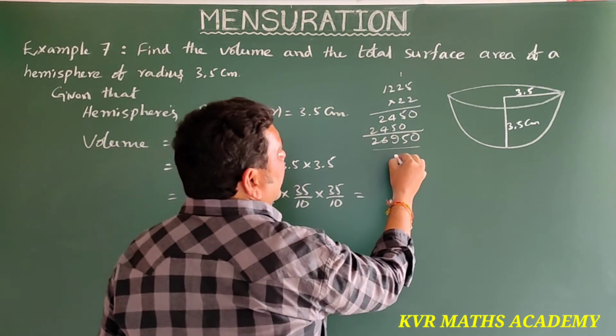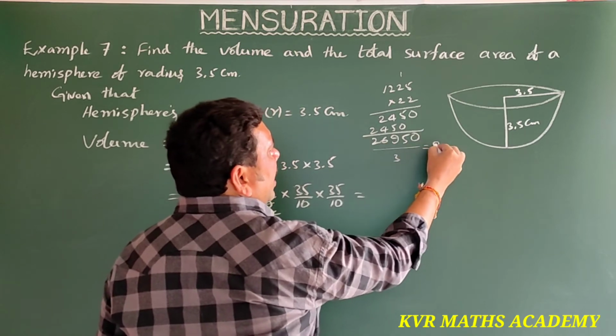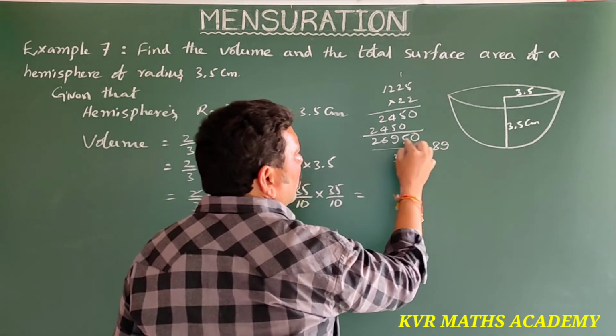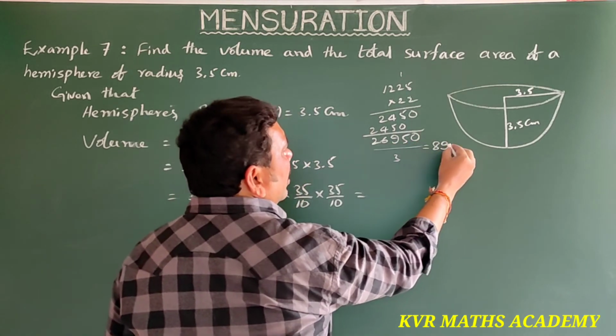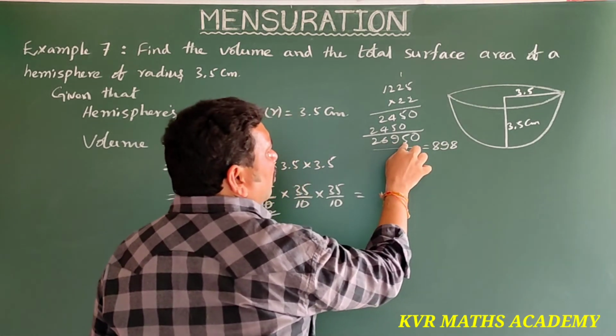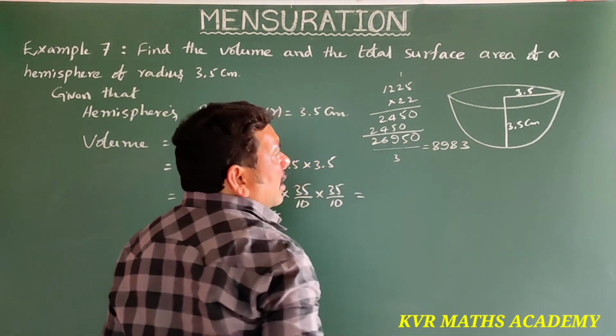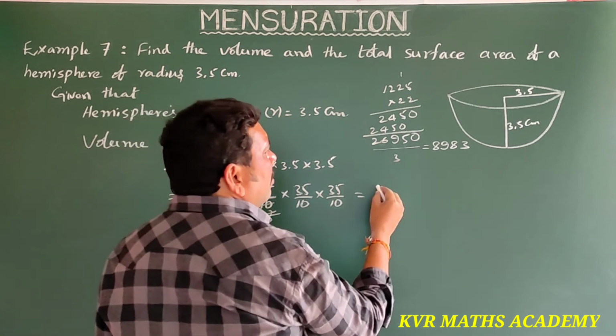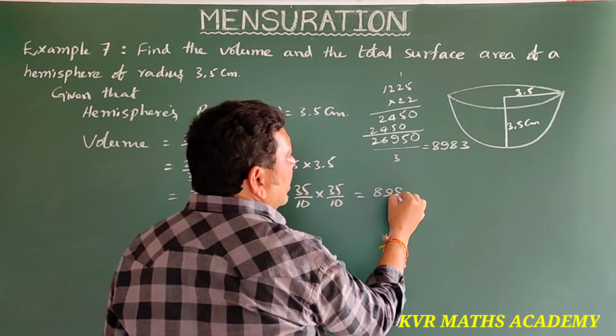Divided by 3, how many times does it get cancelled? 3 8s are 24, 2 is there. 3 9s are 27. Again 2 is there. 3 8s are 24. 1 is there. 8983. Point 3 will come. Directly I am writing 8983.